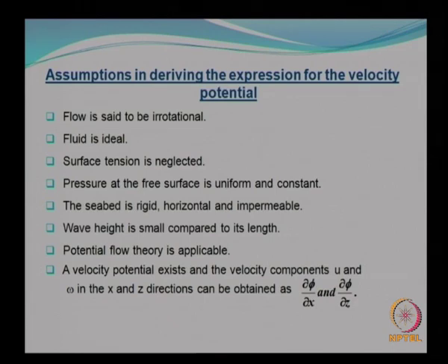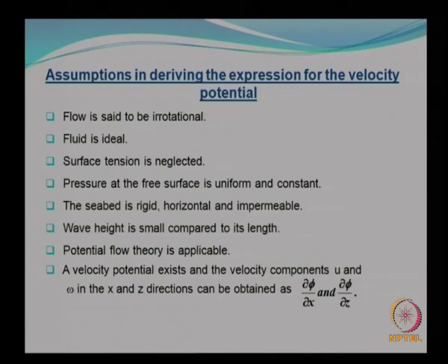Based on these assumptions, we will try to derive the velocity potential for the simplest case. Wave height is small compared to the wavelength and potential flow theory is applicable. So, when you have the velocity potential, differentiation with respect to a particular direction gives the velocity in that particular direction given as dou phi by dou x and dou phi by dou z.